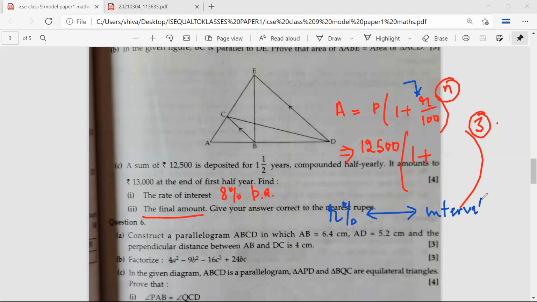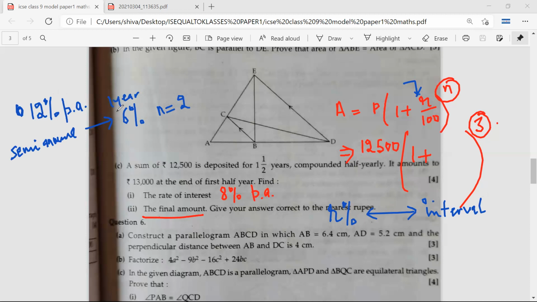What this means is that if your rate of interest is 12% per annum, your semi-annual rate of interest would be 6% and n would be 2 if I'm taking 1 year.